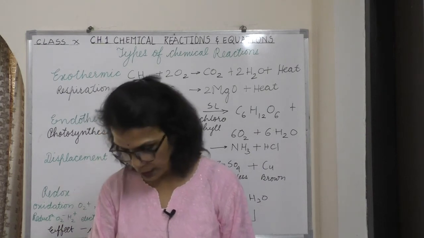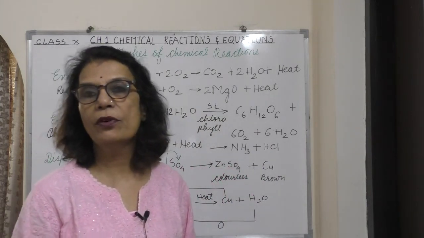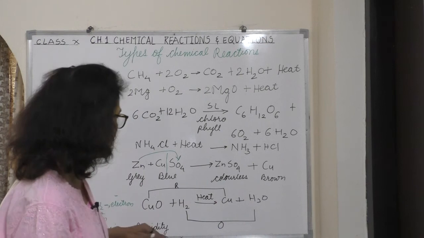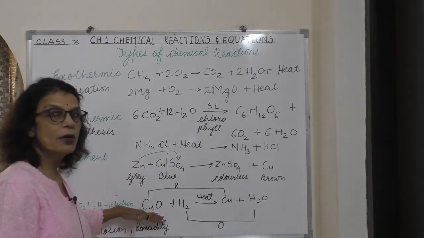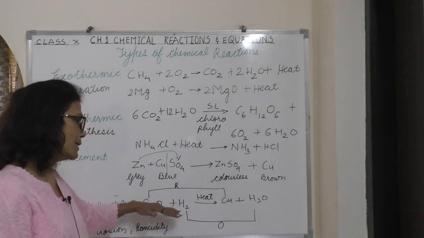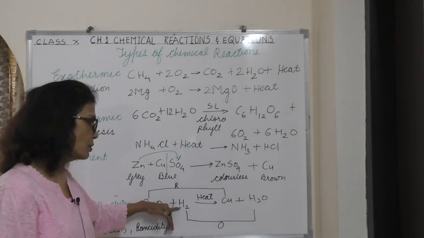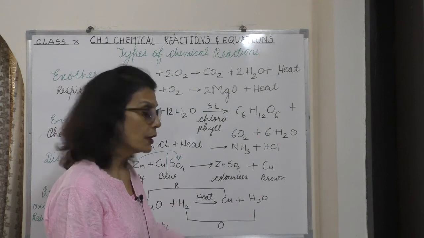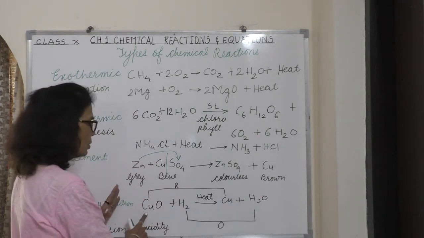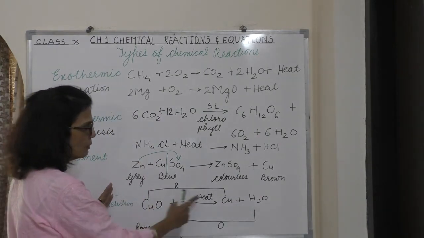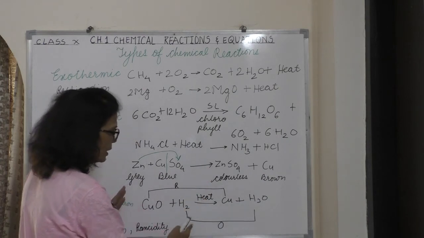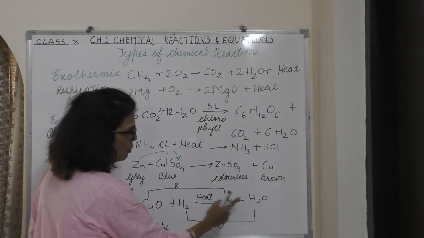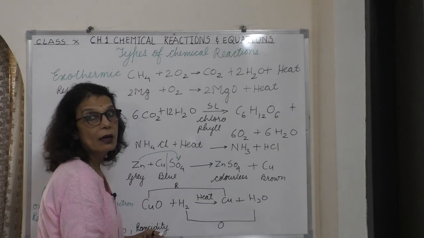Now I am giving you an example of redox reaction. When copper oxide reacts with hydrogen, on heating you will get copper as well as water. Here copper oxide on reduction gives you copper, but hydrogen on oxidation gives you water.